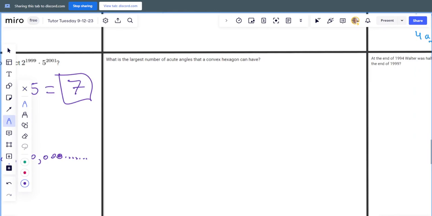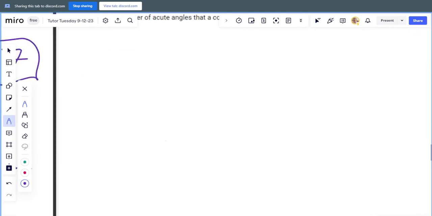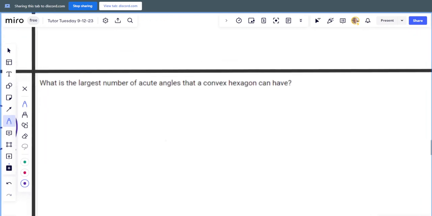This one's interesting. I haven't seen a problem like this. What is the largest number of acute angles that a convex hexagon can have? Convex hexagon. Okay. What do you guys think in the chat? It's kind of tricky, huh?